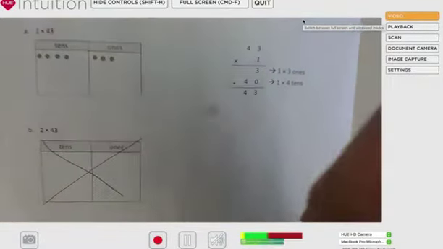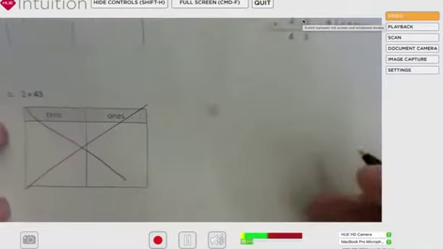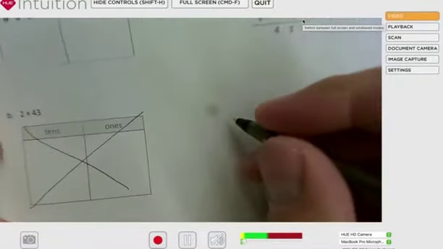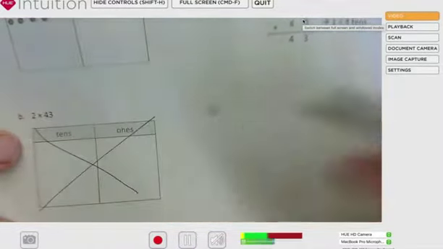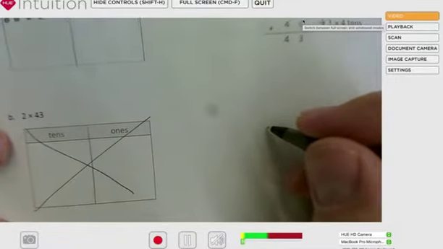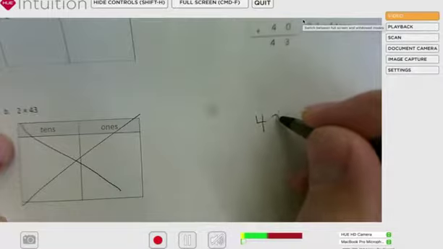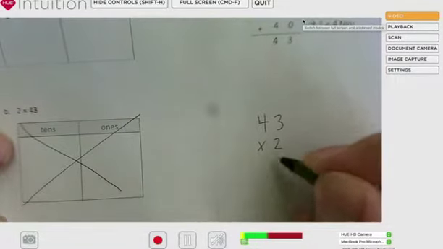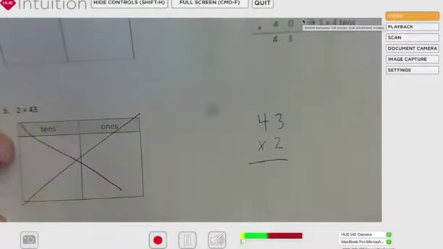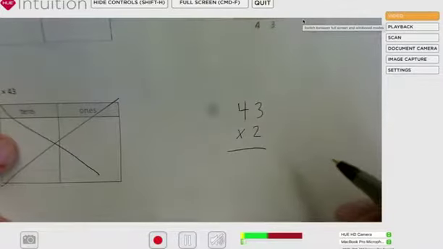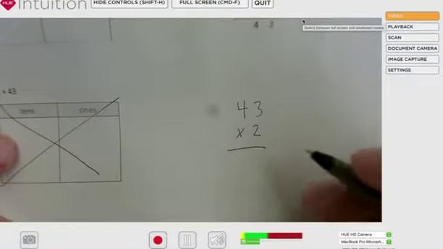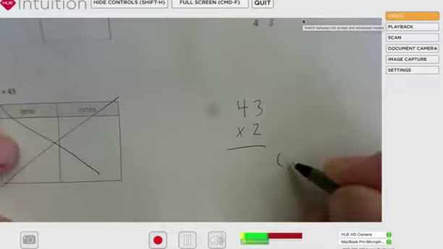So let's do a couple together, and then I'll have you try a couple on your own. So this first one is 2 times 43 or 43 times 2, doesn't really matter. So over here to the side, I want you to write 43 times 2. Okay, now remember, we're going to multiply by the value of each digit.